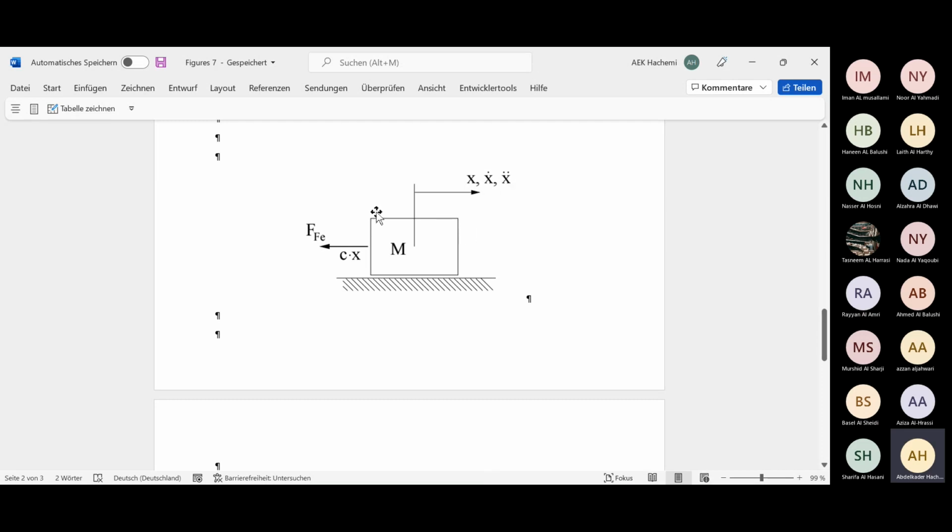Which forces are acting on the system? If we make the cut, the free body diagram, we get only the force in the spring. That means we have only the spring force here. We note it by F, and this is c multiplied by x.